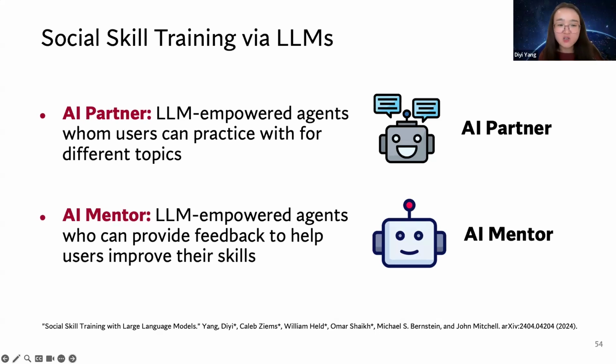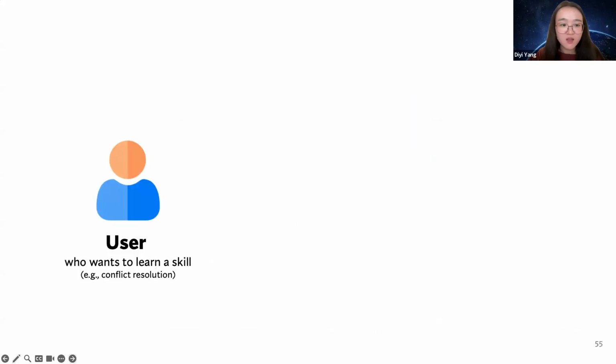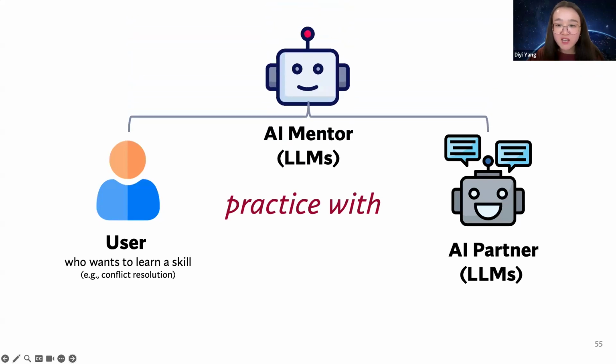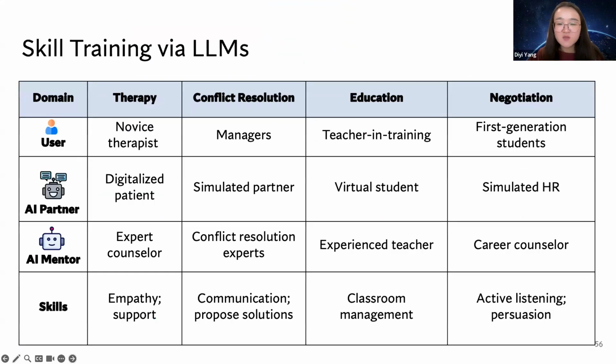And an AI mentor is a large language model empowered agent who can provide feedback to help users improve their skills. So let's say you have a user who wants to learn a skill such as conflict resolution. This user is going to practice with an AI partner, and the process is going to be coached or facilitated by an AI mentor here.